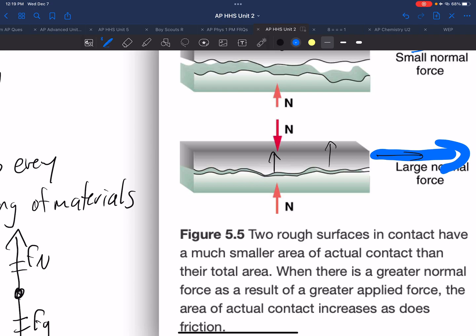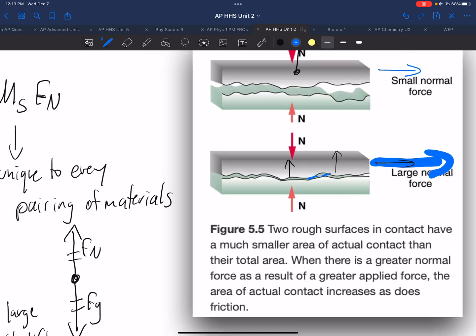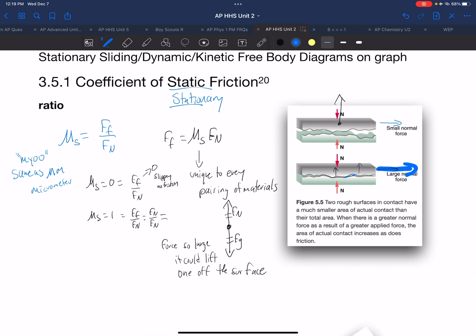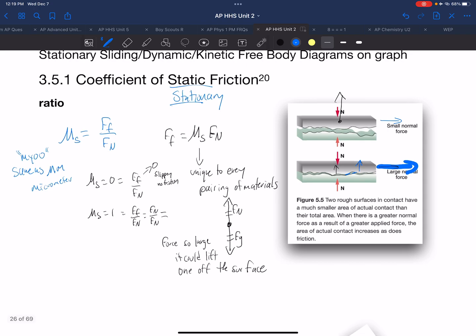This little point right here, to keep going, has to get up above this or be broken off to be able to slide. So fundamentally, to break that stationariness, you have to raise it up so those surfaces can slide past each other. So that force has to be large enough to lift it vertically.